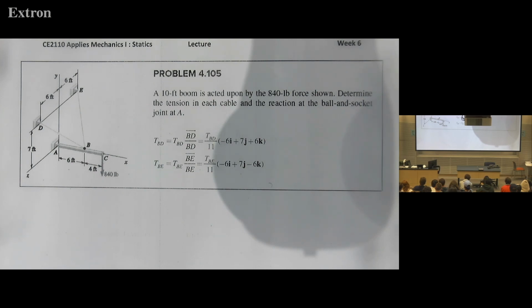And then there are 2 cables connected here, BD and then BE, right? And then, for convenience, I already calculated this one directional vector, but we don't know the magnitude for both cable tension. So what we need to find out is 2 cable tension here, magnitude, and then reaction at A. So that's the difference.